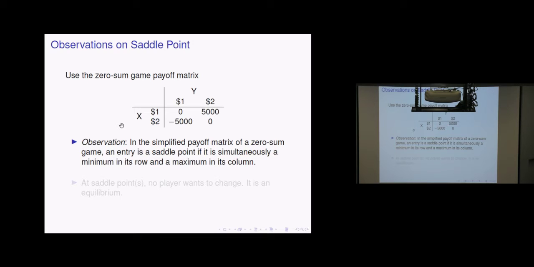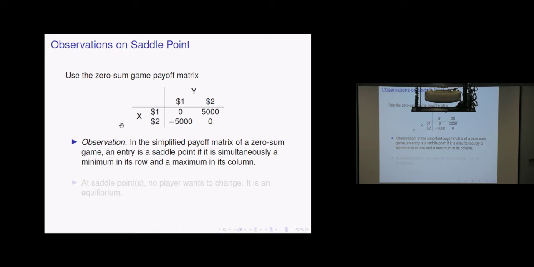For him, 0 is still 0, but the minus 5,000 for player 1 is actually plus 5,000 for player 2, because it's a zero-sum game. So therefore the saddle point becomes interesting.